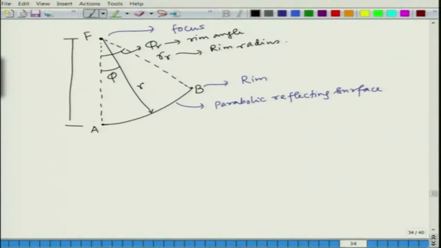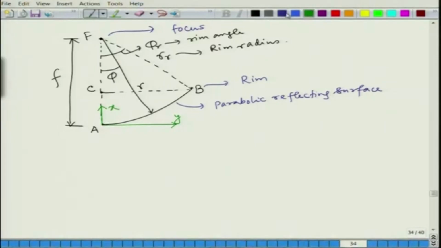So, this is the focal distance F, okay, and if we draw a perpendicular from the rim point to this focal line, let us name this point to be C, and also let us say that this is the x direction and this is the y direction.